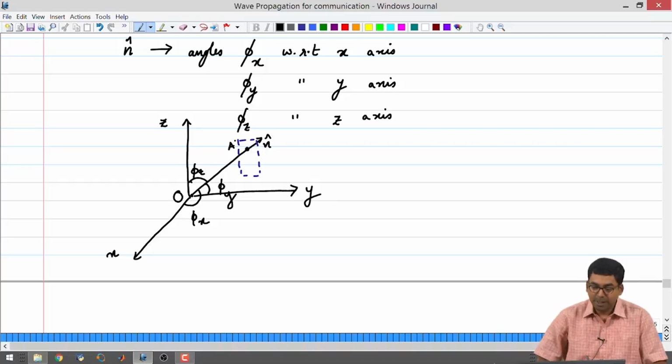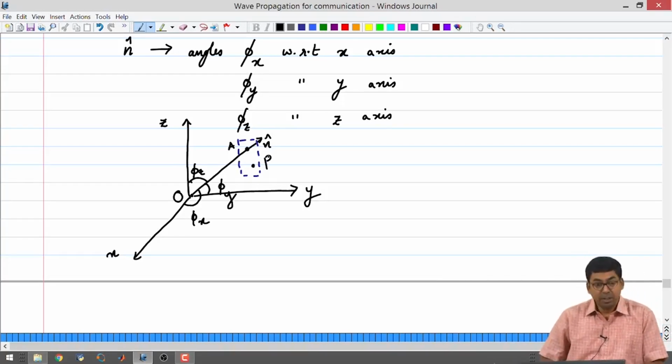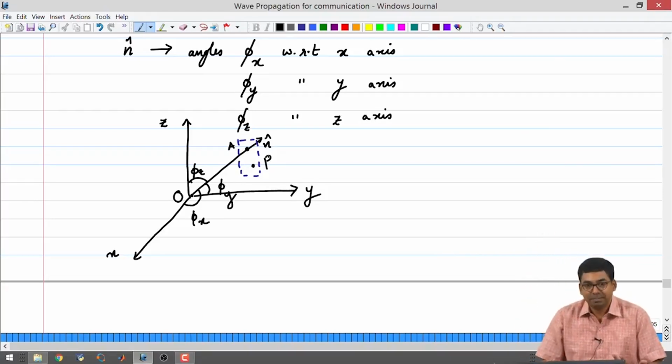Now, we can also have another point on this plane, and that point would have the same phase as the wave at point A. That is why it is a plane of constant phase. So, you can always have another point and call it P. Even though you have marked a different point, the wave traveling in this plane at all the points has the same phase.